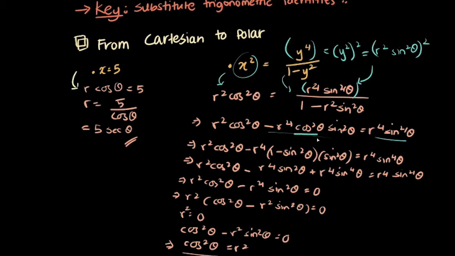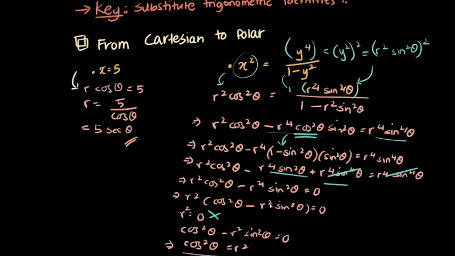Now we take the cos squared theta here and convert it to 1 minus sin squared theta. Then after you expand, you have this and this. Now you'll see that there's the same value here and here, so you can just cross it off. Then you have r squared cos squared theta minus r to the power 4 sin squared theta. Then you take the common factor as r squared, and we have nothing to do with that.